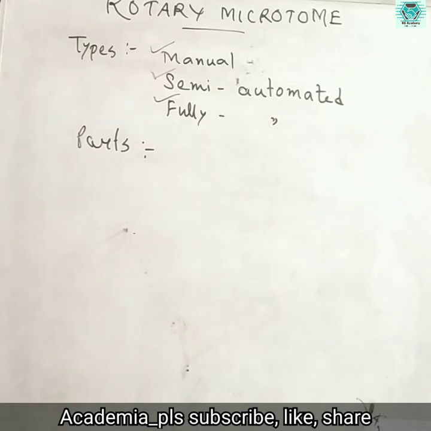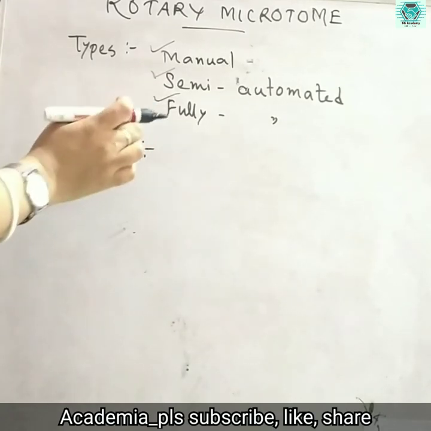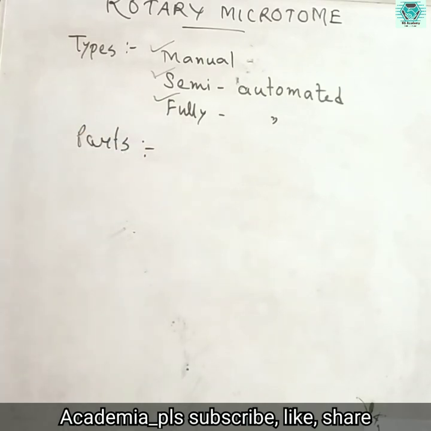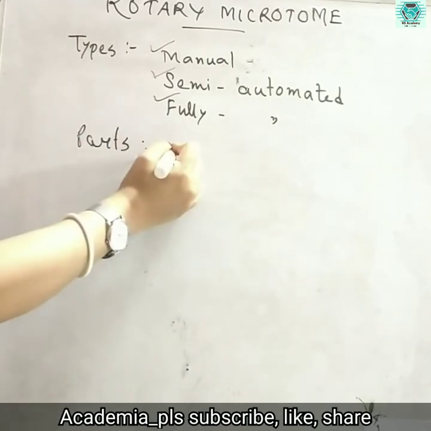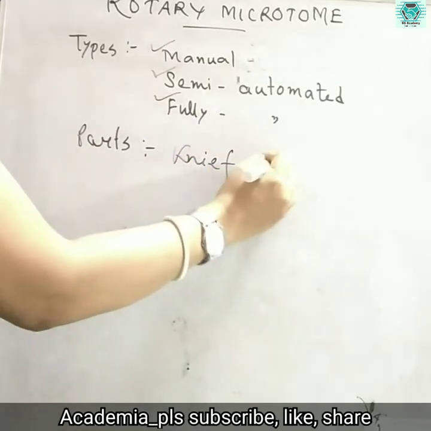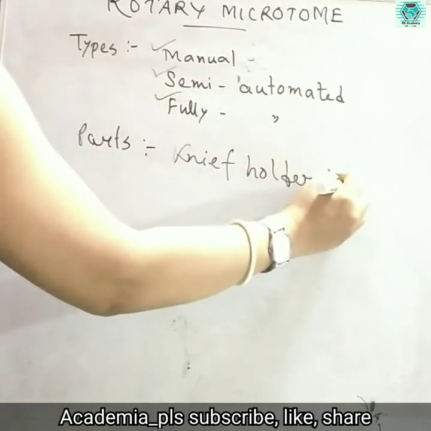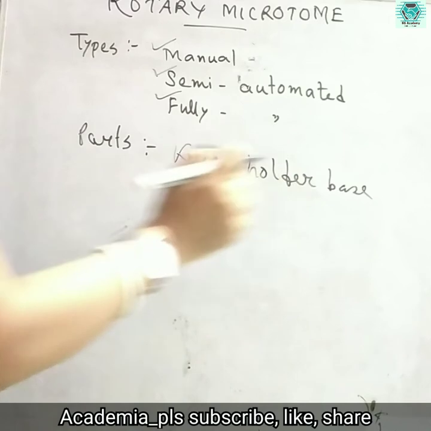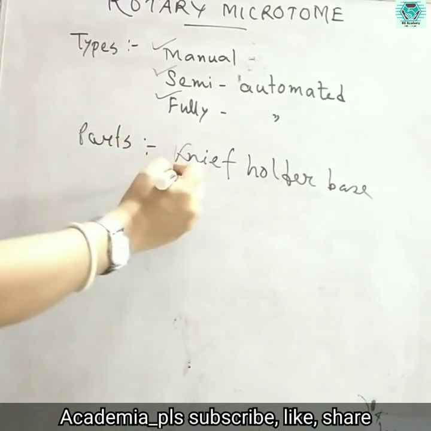Next, in our previous diagram, we have seen the parts of the microtome. Now, what are the major parts of the microtome? First of all, the knife holder base. Next one is the knife holder.